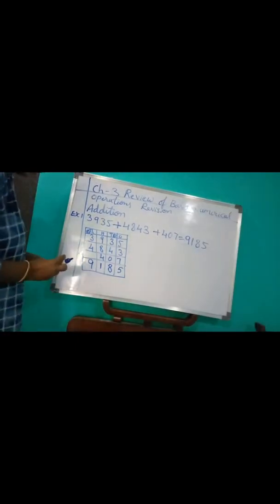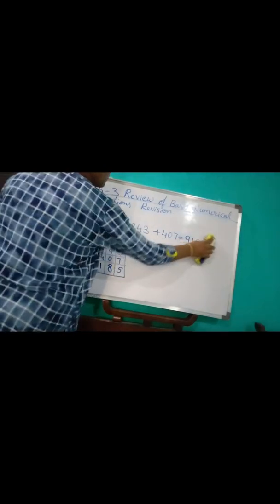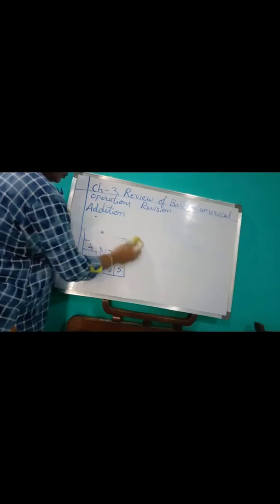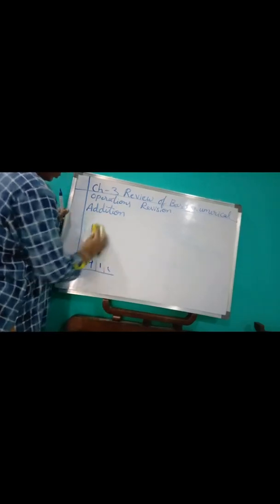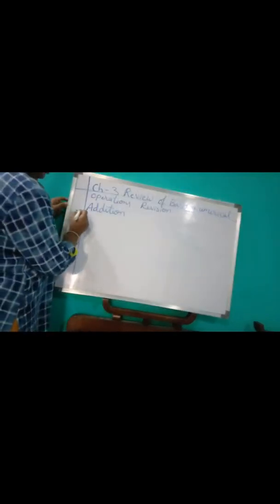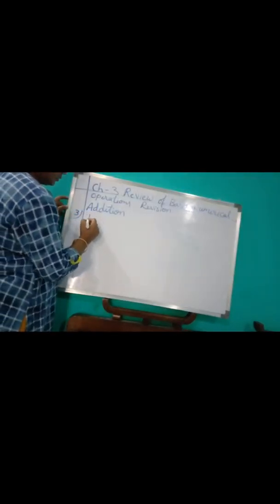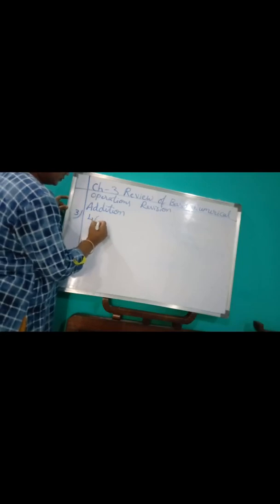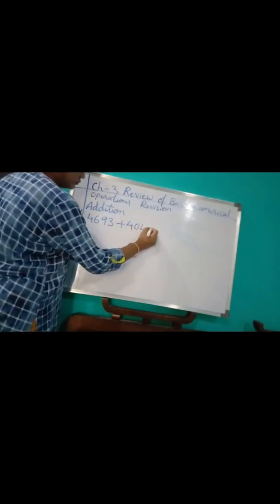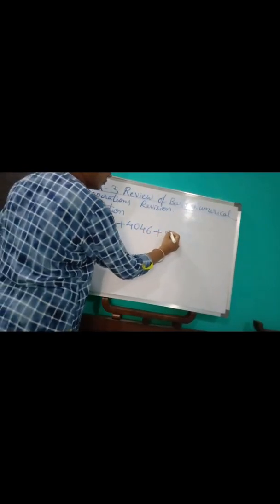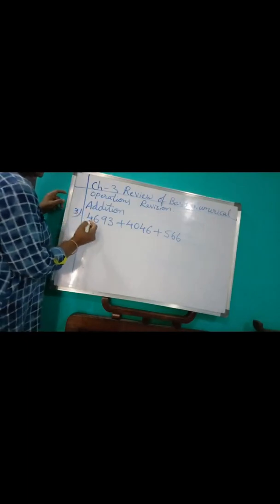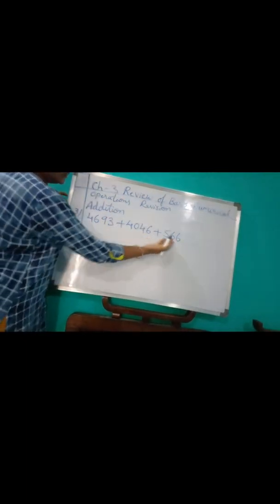Children, few more sums you should do. See children, observe this, here 4 digit, here 4 digit, here 3 digit.